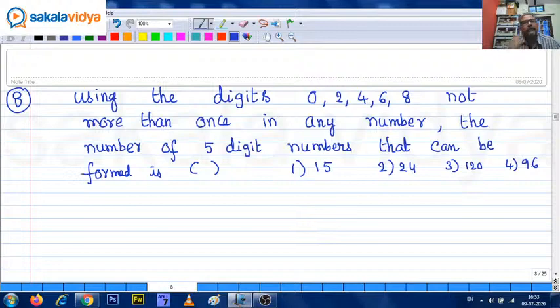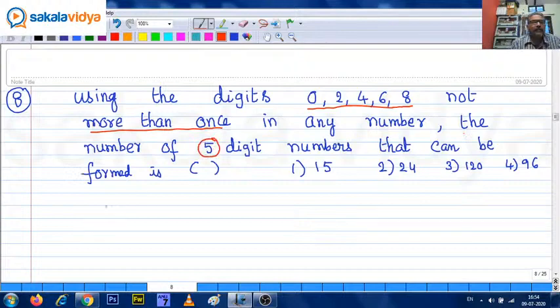So now using the digits 0, 2, 4, 6, 8, not more than once. This is the keyword for without repetition. Any number, the number of 5-digit numbers we need to make.